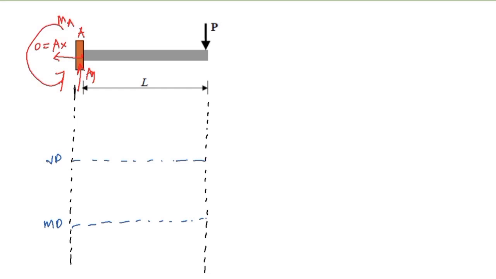So we will first solve for the value of AY and then the moment at A. In order to solve for AY, we take the summation of the vertical forces, assuming upward is positive, equal to 0. We assume that AY is directed upward, so we have AY positive because it is upward, and P here is downward, so minus P is equal to 0.